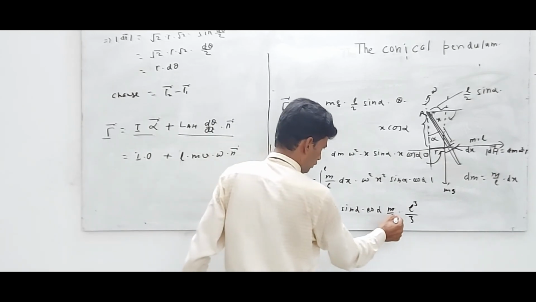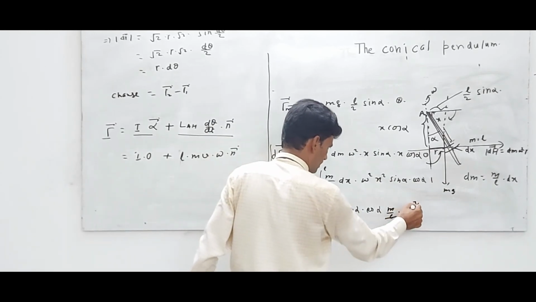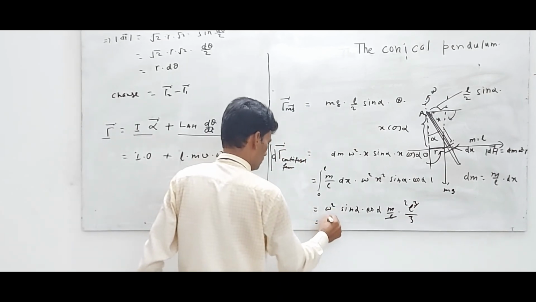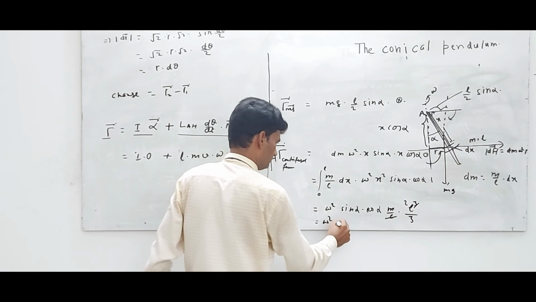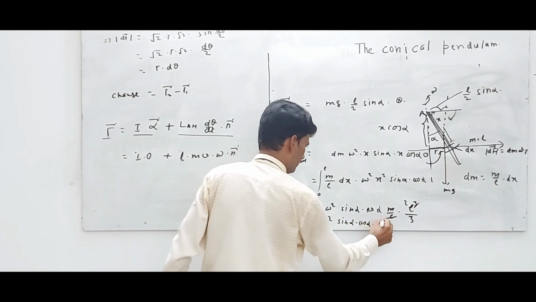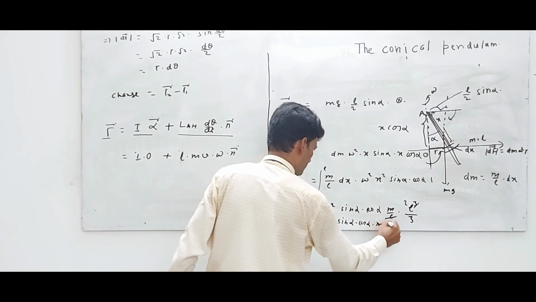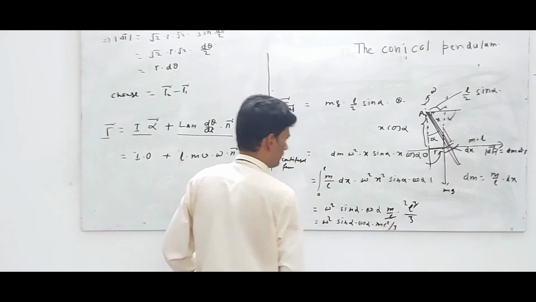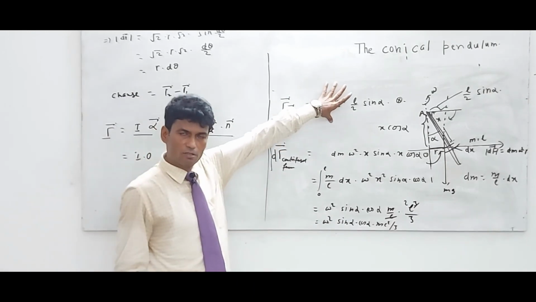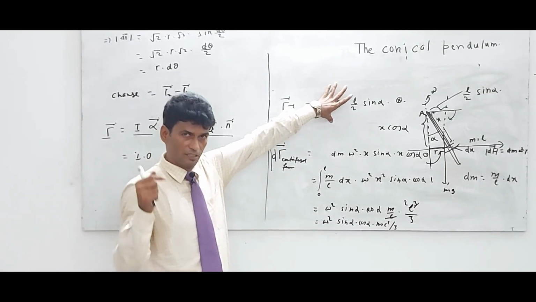So cancel one of the L because it is defined and not 0. This is omega square sin alpha cos alpha m L square over 3. So the torque due to the gravitational force acting on the rod is vertically down.